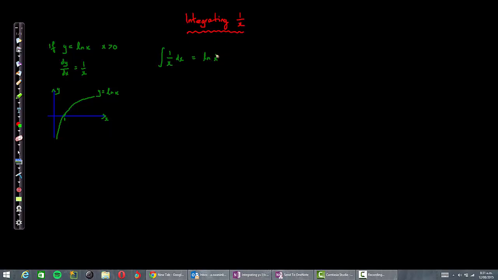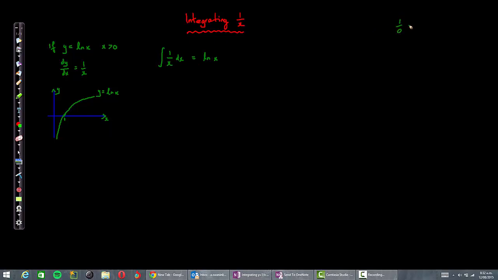And that's true, but remember that this is only defined for positive x values, and this is defined for all x values except, of course, when x is 0, where 1 over 0 is undefined.